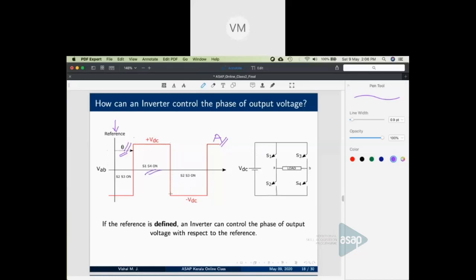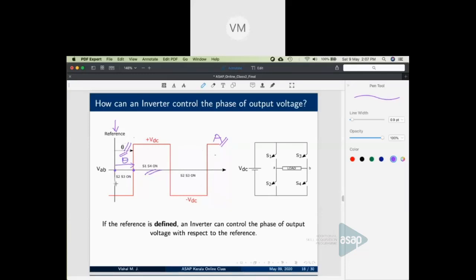What will happen? The load voltage is a negative voltage, minus VDC. That again is for 180 degree. This cycle continues. What have you attained? This is your reference or zero crossing. This is the zero crossing of your output voltage. How much angle is it displaced? It is theta, and that's what we wanted.